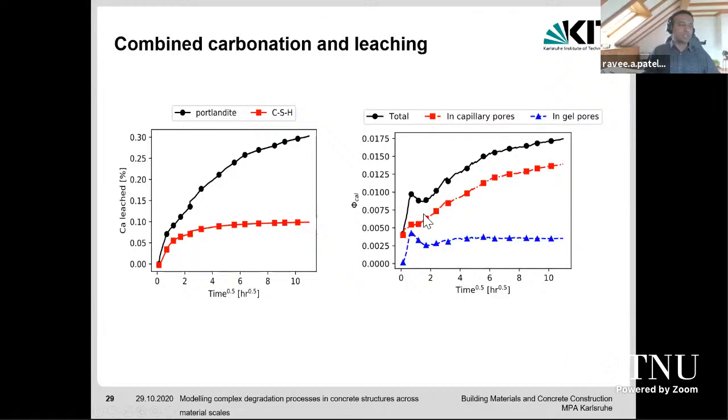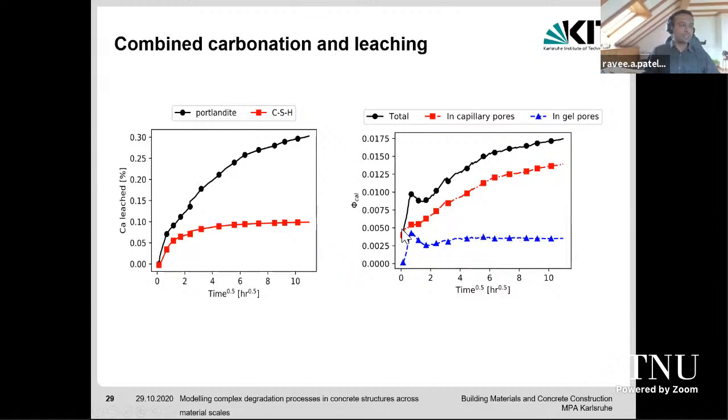It was shown here that the capillary porosity changes much more quickly, and the calcite gets precipitated much more quickly in this capillary porosity because the transport process is much faster in this porosity compared to the nanoscale porosity, where after some point the precipitation of calcite is almost stagnant.